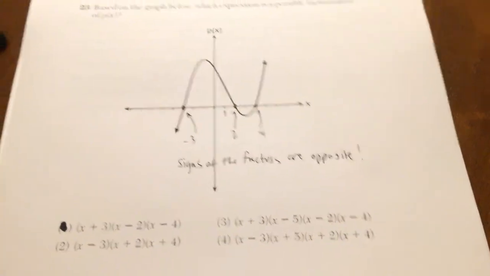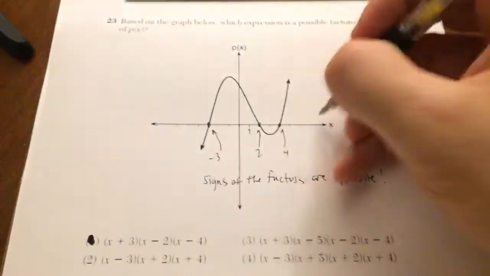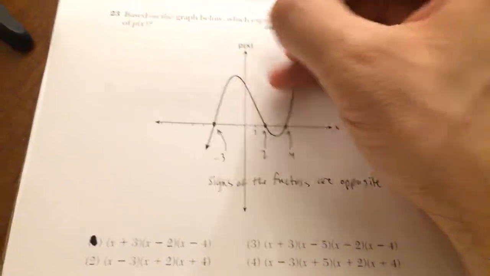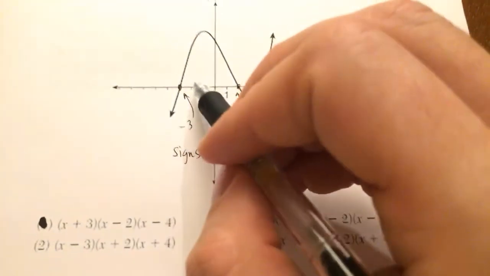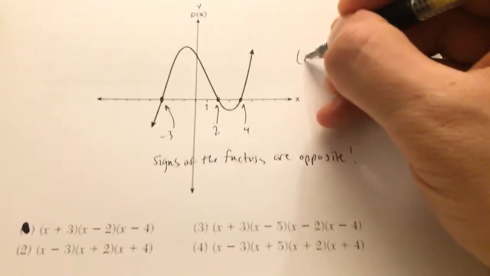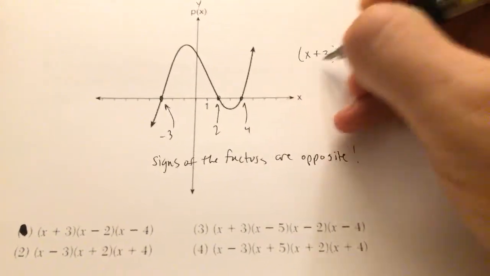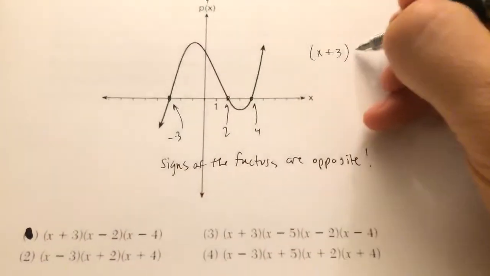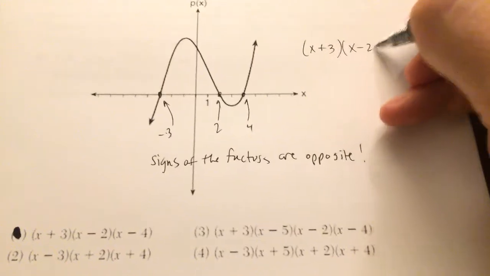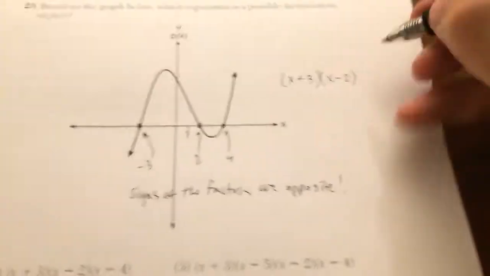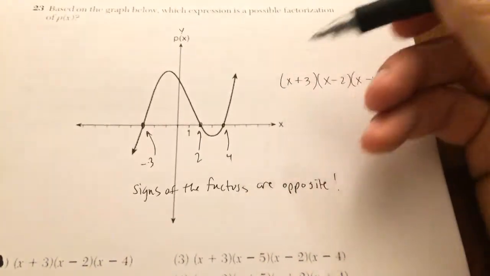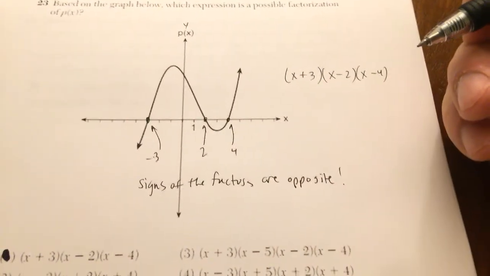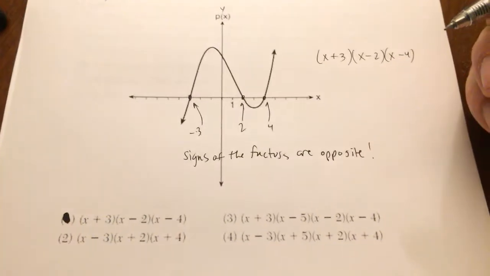The reason is that the value of y, on the y-axis, is 0. So how do I get an expression? What number plus 3 gives you 0? Well, that's negative 3. What number minus 2 gives you 0? That's a positive 2. What number minus 4 gives you 0? That's a positive 4, which would match choice number 1.